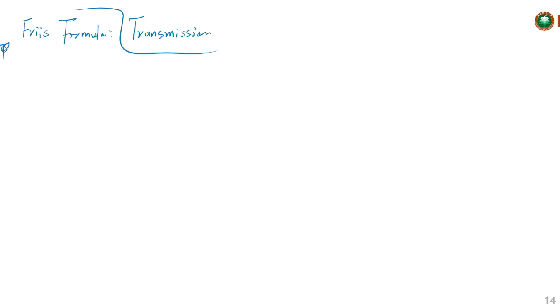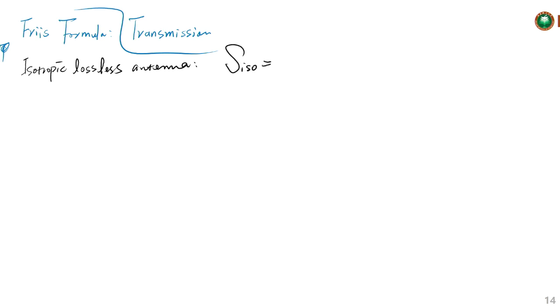So first, let's start by treating our transmitter antenna as an isotropic, lossless antenna. That's treated as an assumption.